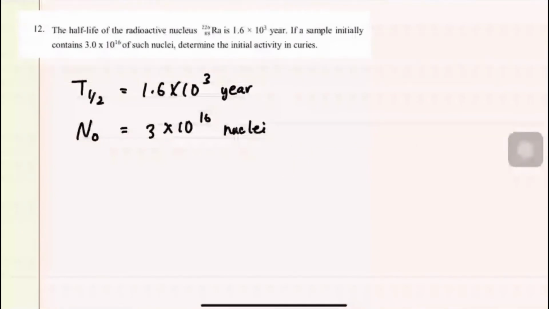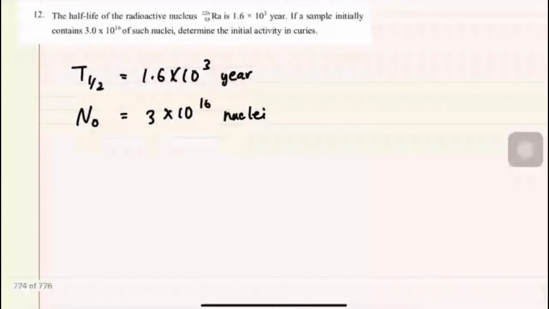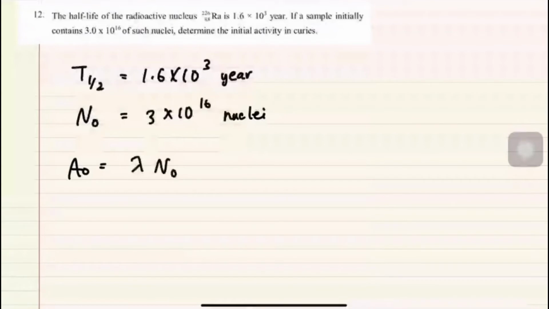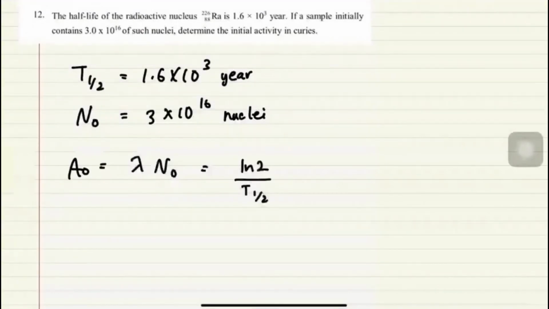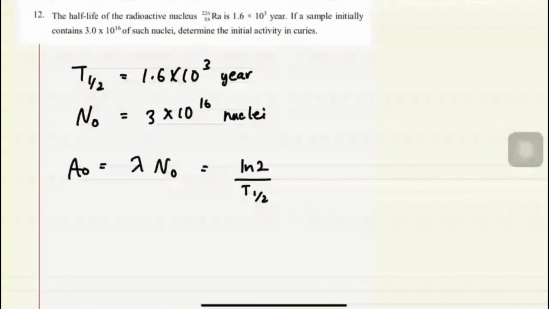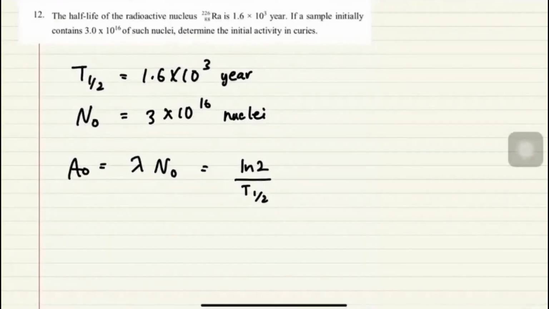So you can use A naught equals to lambda n naught, where your lambda is equals to ln 2 over T half. Okay. So if you want to get the final answer per second in becquerel, before kamu convert ke CI kan, kamu dapat BQ dulu. T half tu kamu kena buat dalam second. Multiply with n naught, 3 times 10 to the power of 16.